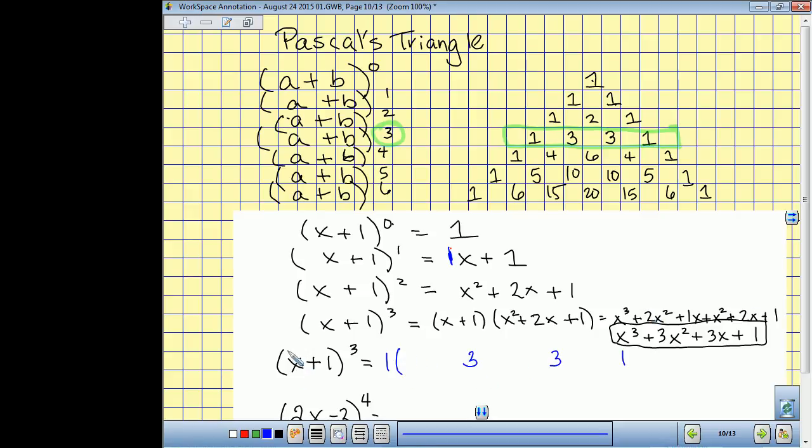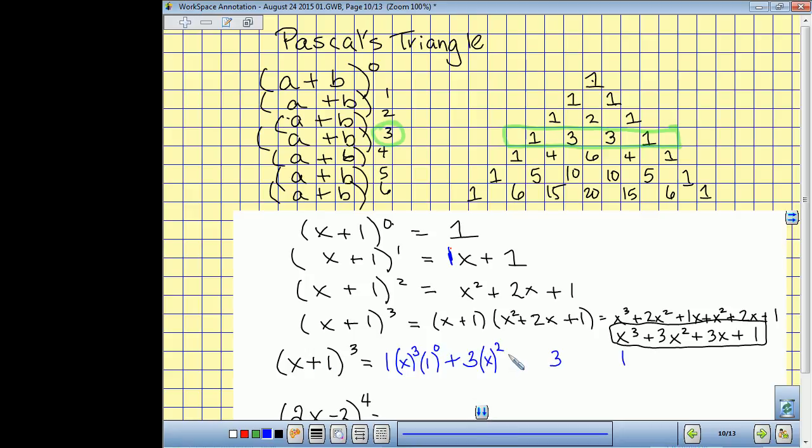We take the first term in the binomial, raise that to the highest power, which is 3. And then the second term is going to be to the 0, because 3 plus 0 is 3. Plus, now we go to the 3, and we go back to that first term, but this time we only raise it to the second power.